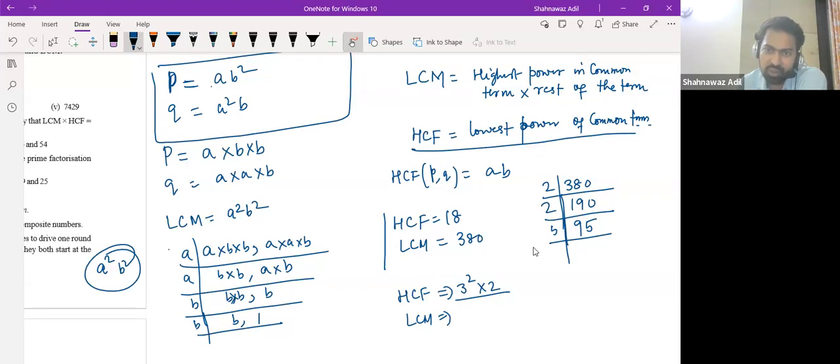Yes, why no? Because LCM is the HCF into the remaining factors, but nothing which we multiply by 18 will give us 380 as the LCM.